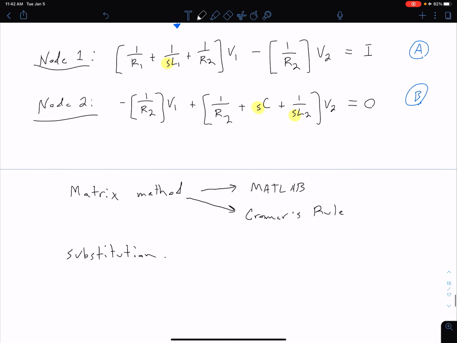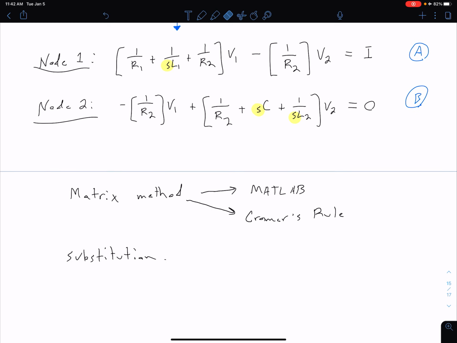So how could we use substitution? Well, what we could do is take our equation B and solve that for V1. That's of course an attractive option because that's multiplied by a relatively simple term.